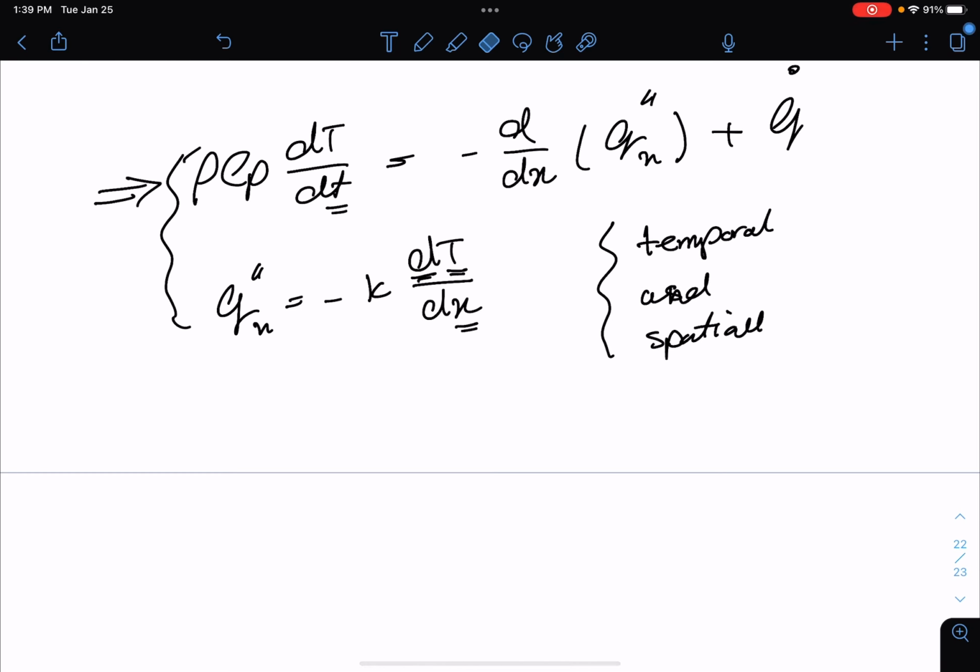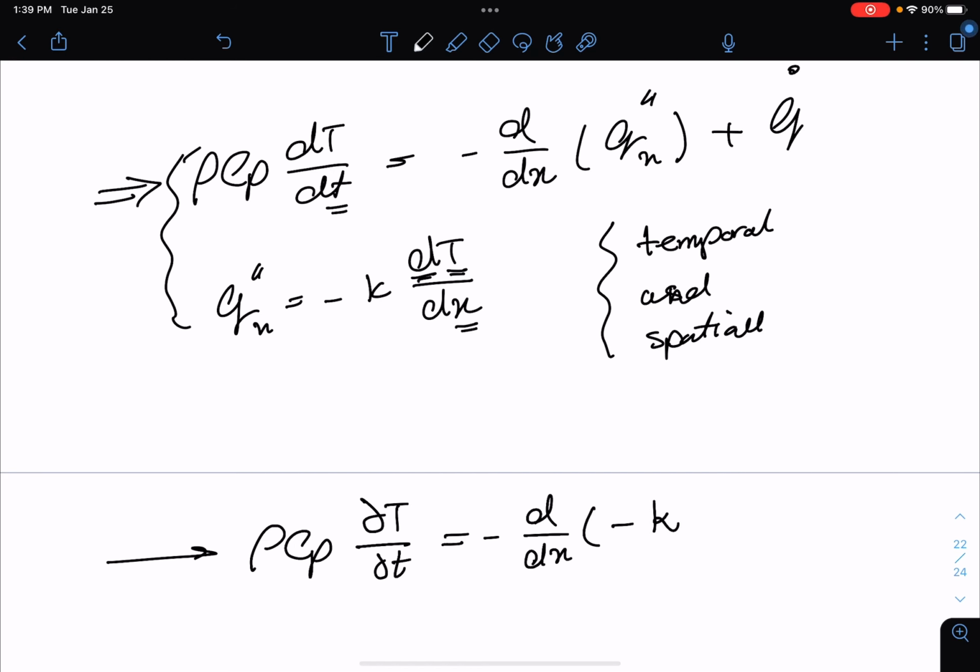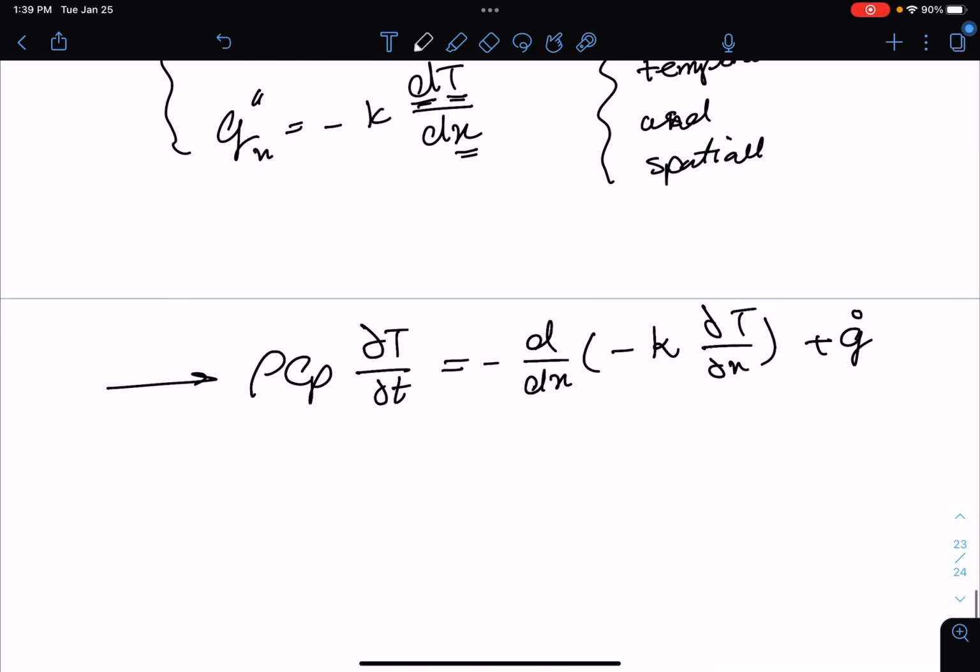So let me rewrite this again. We're going to get rho Cp partial T partial t equal to d/dx of negative k partial T partial x, plus q dot. If your conductivity is constant, we can take the conductivity out and the negative signs will cancel out.